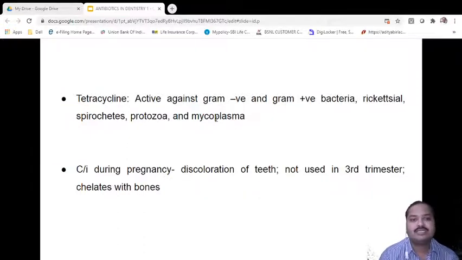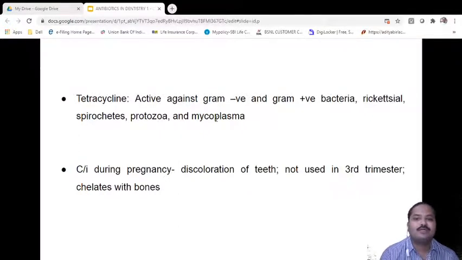Also, there is discoloration of the teeth by these chelates formed with the calcium content of the teeth. The drug should not be given even to nursing mothers as it is excreted in the milk. So it is contraindicated during pregnancy. It is not to be used in the third trimester.